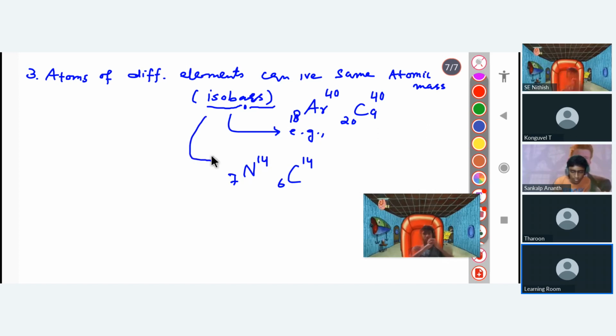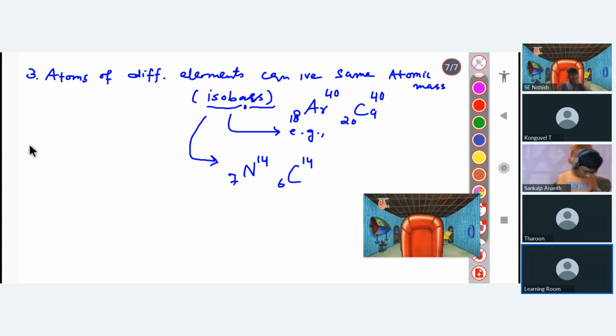Yes, they are also isobars because these are atoms of different elements. This is your carbon and this is your nitrogen, and they have same atomic mass. So you will simply remember that atoms of different elements can have same atomic mass.